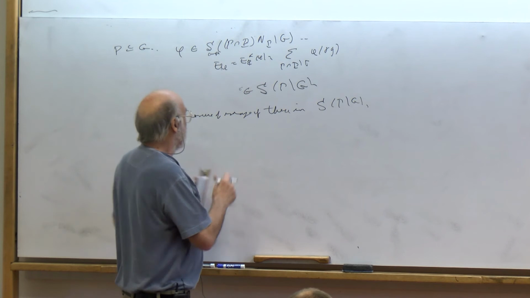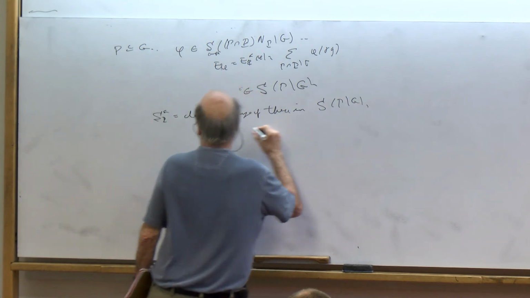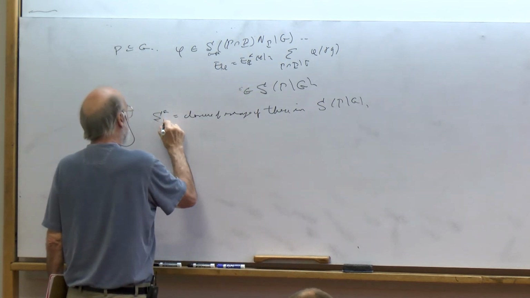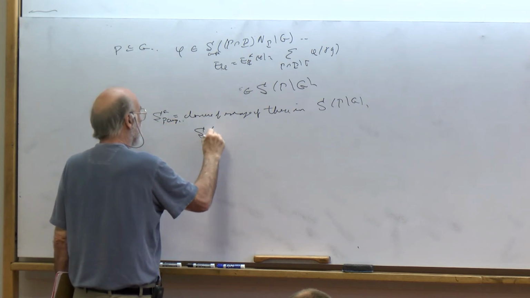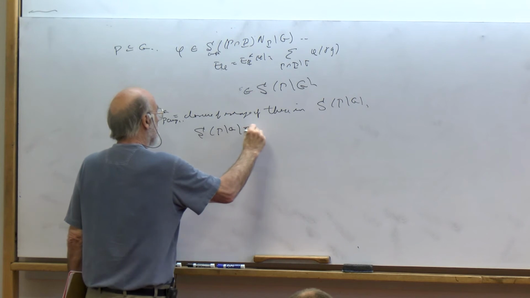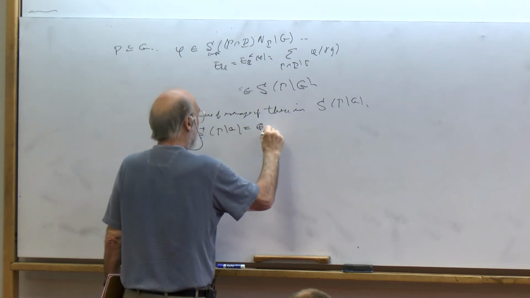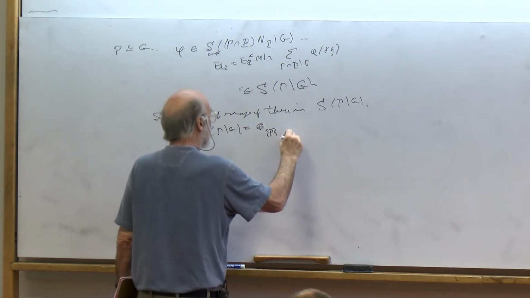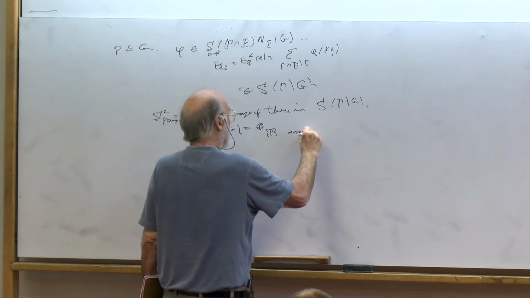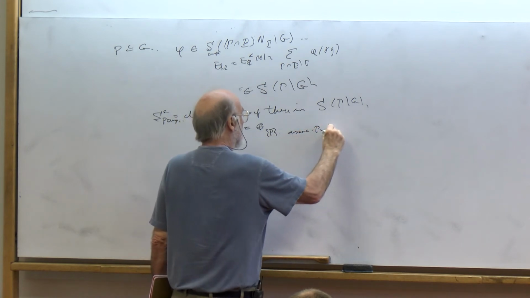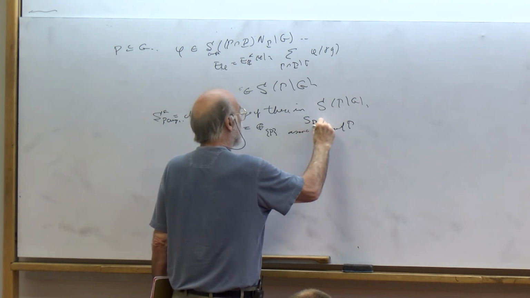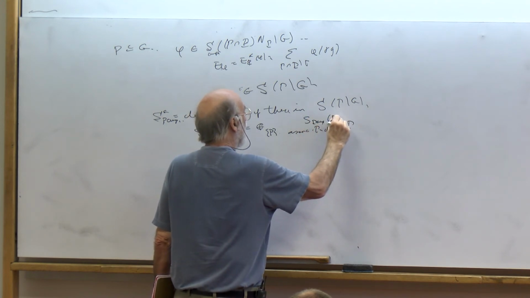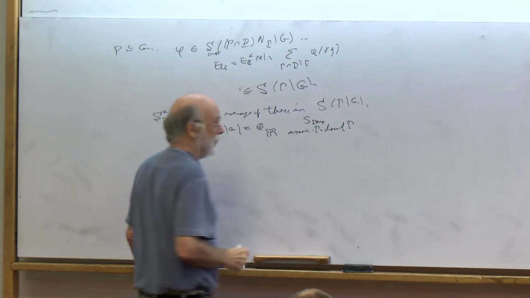Then I take this to be P cuspidal. And then it turns out that this is the direct sum over all associate classes, gamma classes of P, of S_P cuspidal.